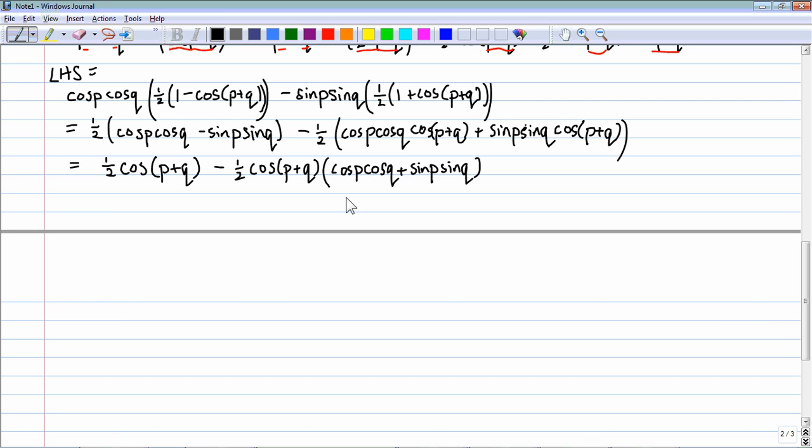So this gives us the right hand side, cos (p minus q). So that's the same as the right hand side, which was to be shown. Okay, no problem.